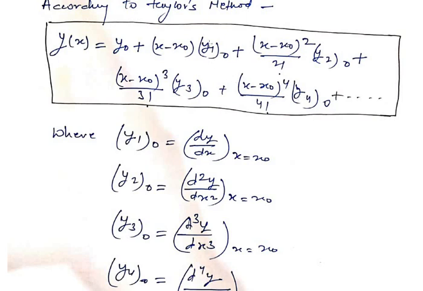So dear students, y1 at 0 means dy by dx at x equals x0. y2 at 0 means d2y by dx2 at x equals x0.